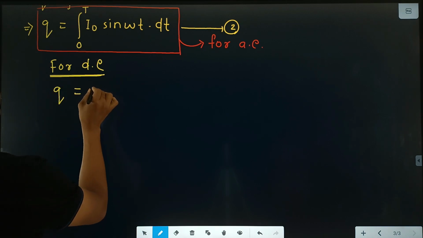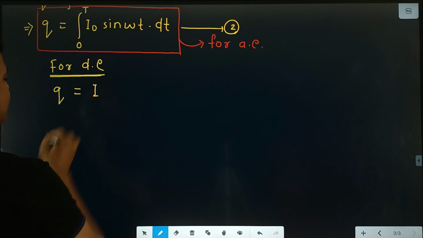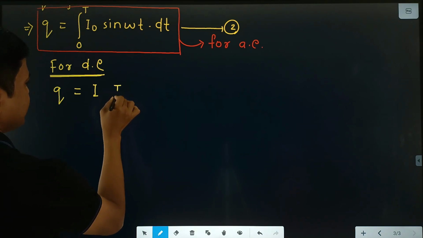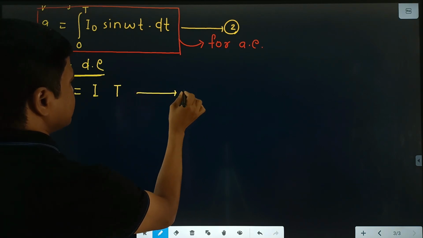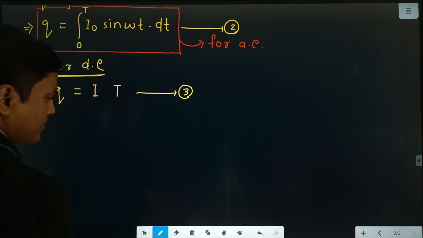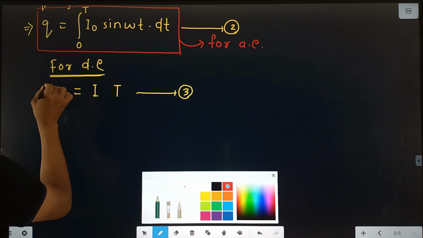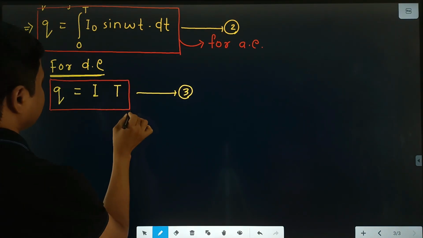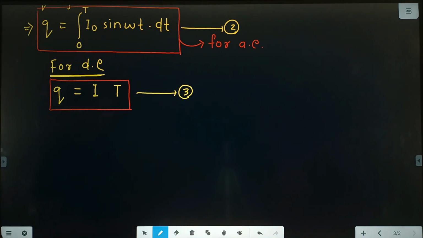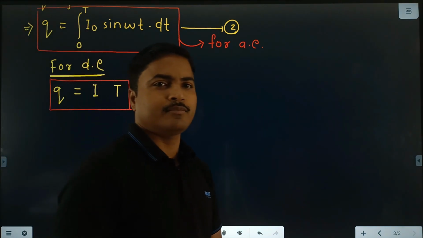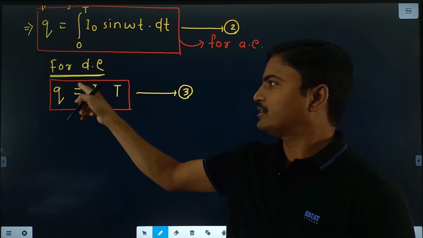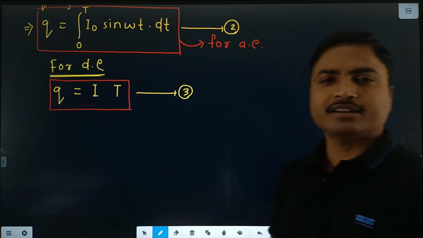Q is equal to, you know the formula, I is the current, and the total time given, suppose, is capital T for time period. This is equation number 3, and this is the total charge flowing through the circuit when direct current is flowing.